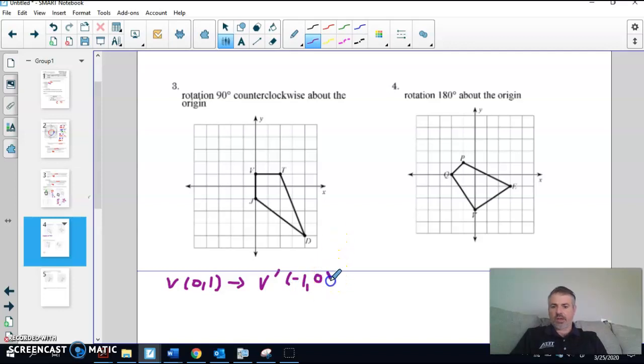That's going to put me at -1, 0 right there, so I'll draw a dot there. The original T, the pre-image point, is at 2, 1. If I do the pattern, T prime becomes -1, 2.